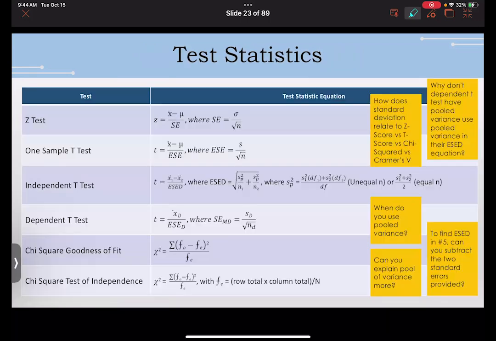But no, there is no pooled variance on the exam. Again, because here's what's happening to your brains. Here's what I want your brain to do. I want your brain to go, oh, I need to recognize how off my sample mean difference is from the population. In order to do that, I need to consider the spread of both of my samples.